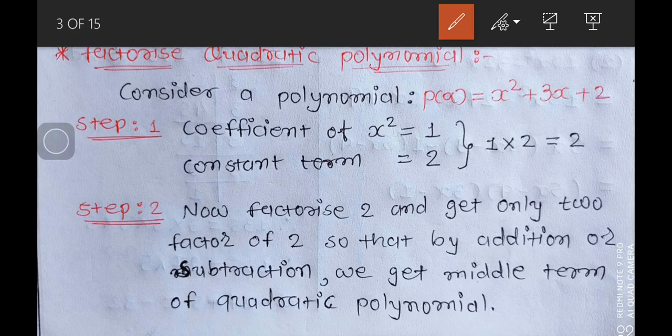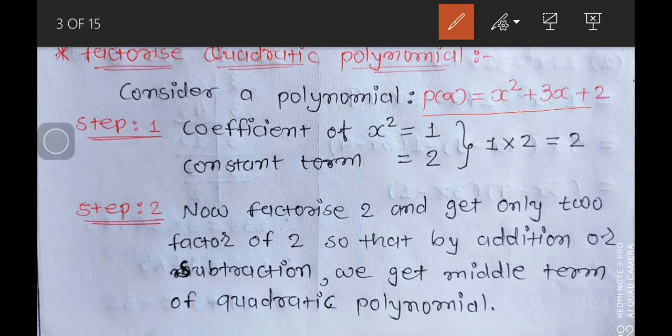We consider a polynomial p of x is equal to x square plus 3x plus 2. It is a quadratic polynomial. Now for factorizing this polynomial, we follow some steps.